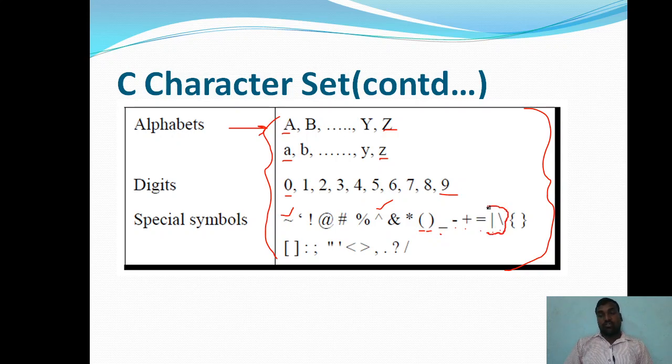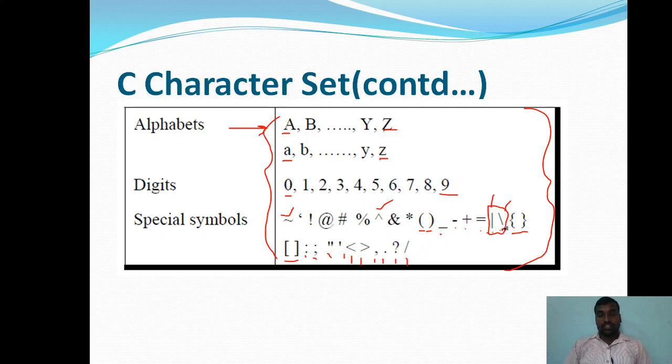Curly braces, opening and closing, square brackets, opening and closing, colon, semicolon, double quote, single quote, less than, greater than, comma, dot, question mark and forward slash.